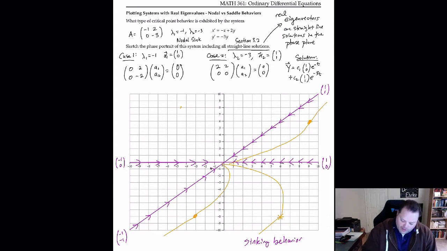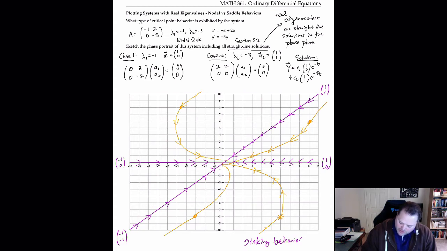Say a point over here, it's going to get pulled in toward 1, 0 on this side, which is this one. And further away, it looks like this. And then over time, it gets pulled in like this. So over time, time being positive, all of these are filtering down into the point 0, 0.